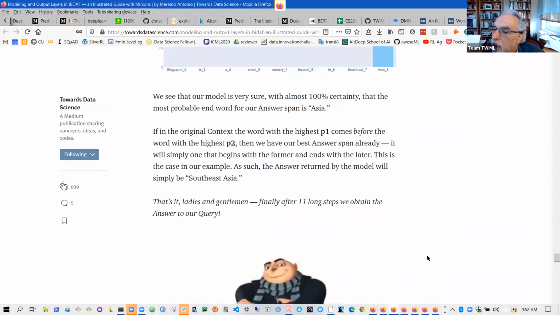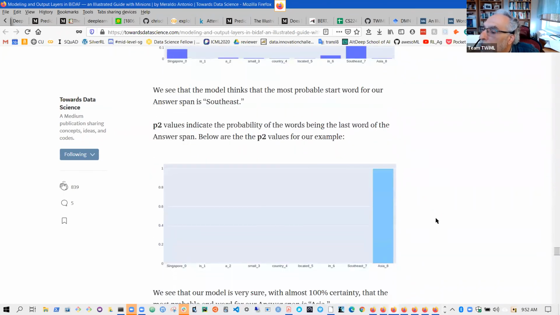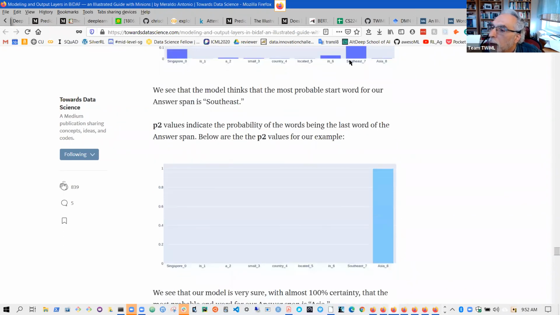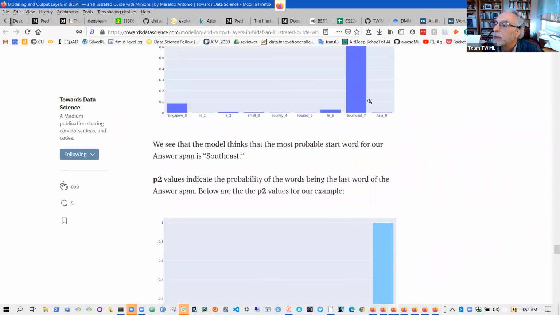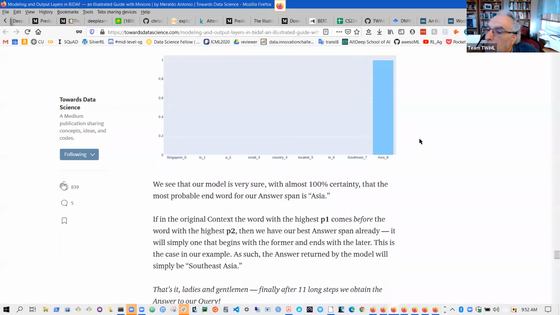Then I guess you multiply them together and find the one that's the maximum. Oh, I see how they construct the answer, Southeast Asia. The maximum probability to be the first word is Southeast, and the maximum probability to be the last word is Asia.